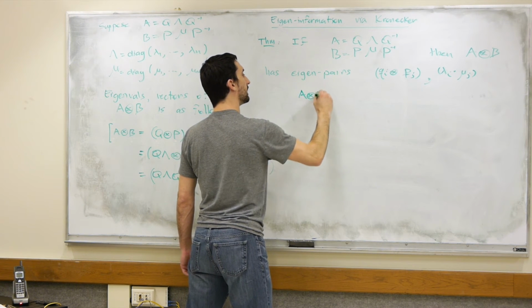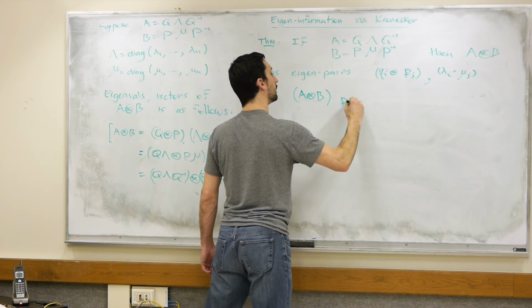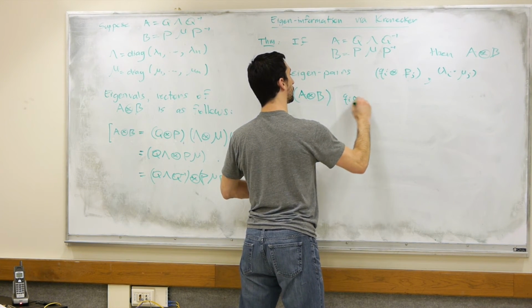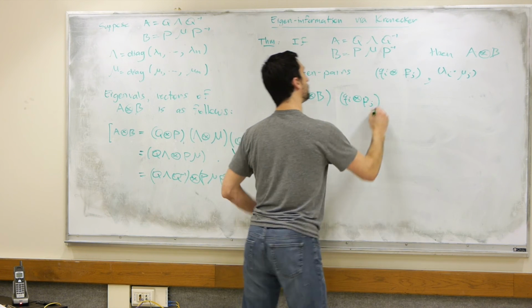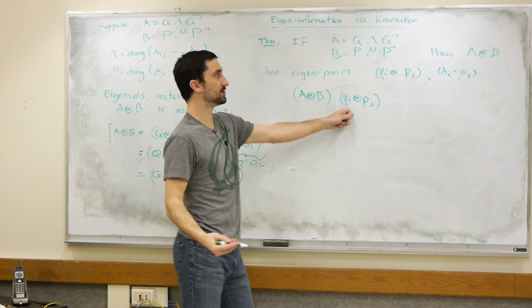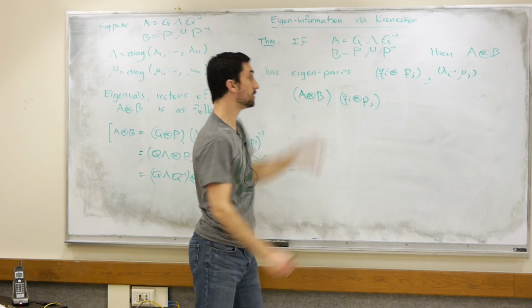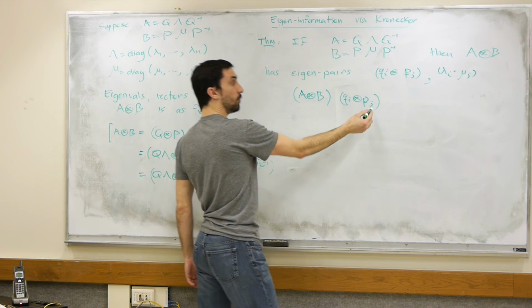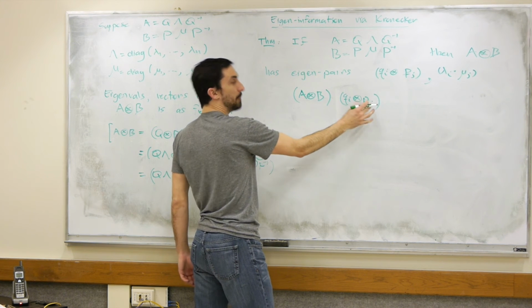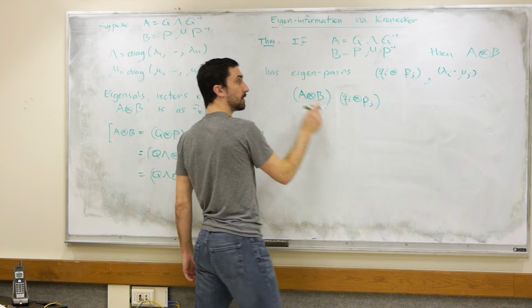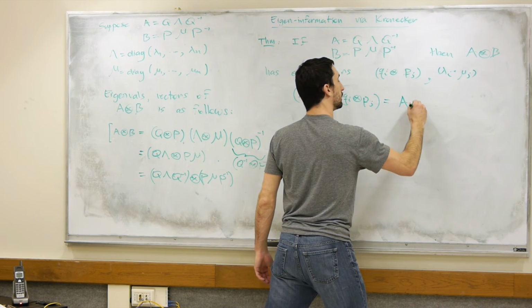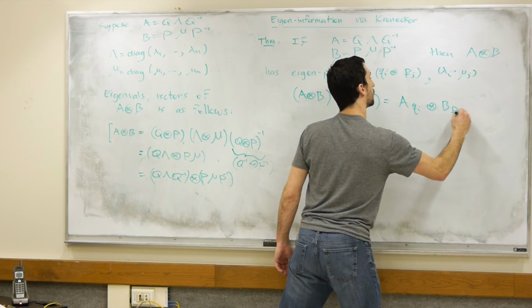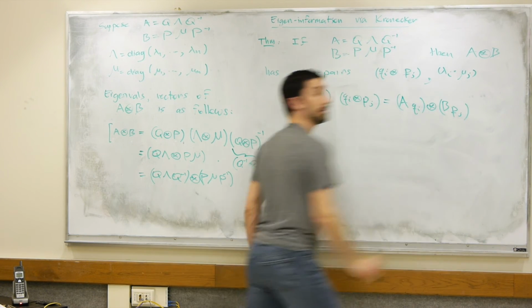And we can see that in action as follows. Qi Kronecker Pj. So Qi is just the ith column of the matrix Q, and Pj, similarly, is the jth column of P. We can pass the standard matrix multiply across the Kronecker product and get this.